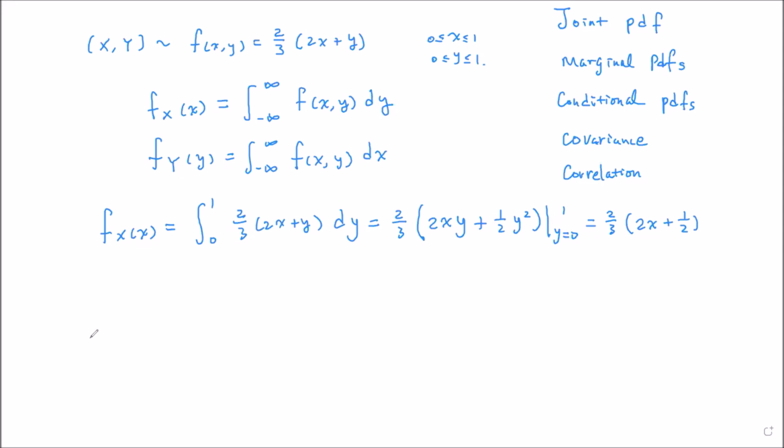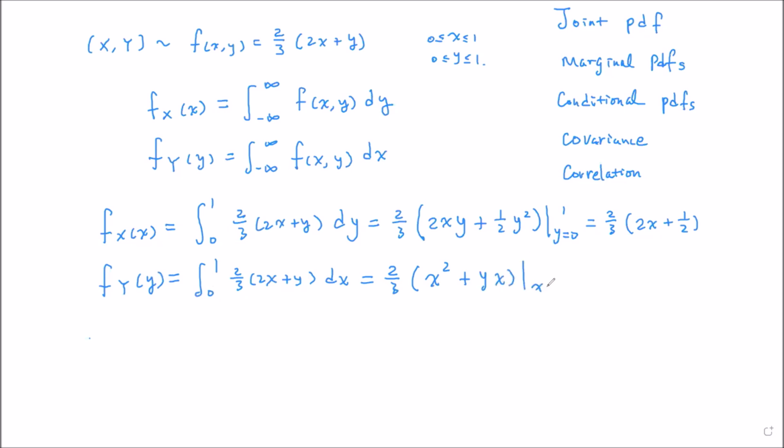Okay, and similarly, we can work with the marginal density of y. That would be the integral from 0 to 1 of 2/3 times 2x plus y dx. All right, so for 2x, the antiderivative is x squared. And for y, the antiderivative with respect to x is y times x.